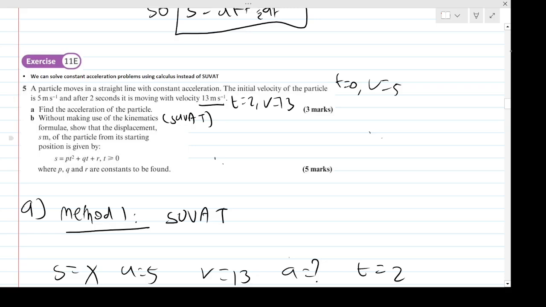Because usually with these sort of problems, vast majority of the time, we start at the starting point, right? Hence why we call it the starting point, because we start there, so we're not displaced anywhere. So the implicit assumption is, if you're not given any information about any displacements, you can usually take that initially at t is 0, the starting displacement is 0, because it's at the starting point, right?